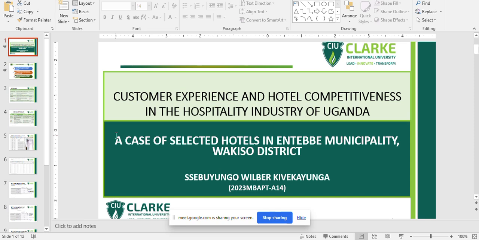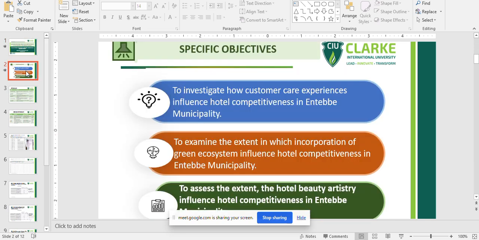Now this study was guided by 3 objectives. And these are the specific objectives: to investigate how customer care experience influences hotel competitiveness in Entebbe municipality, and to examine the extent in which incorporation of green ecosystem influences hotel competitiveness in Entebbe municipality.